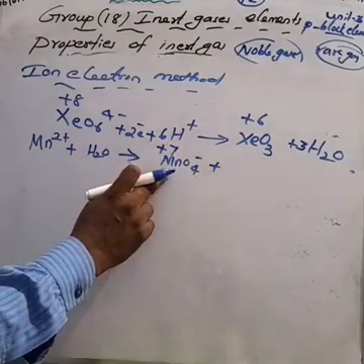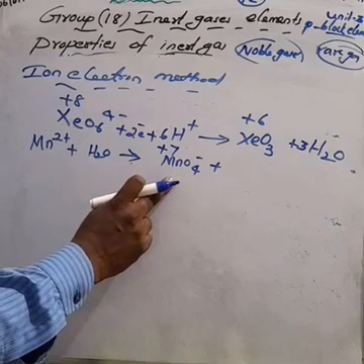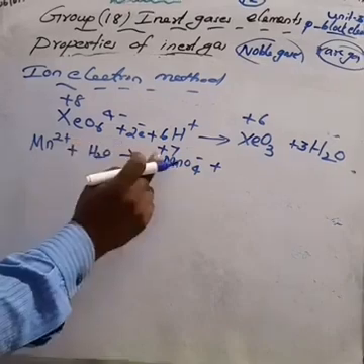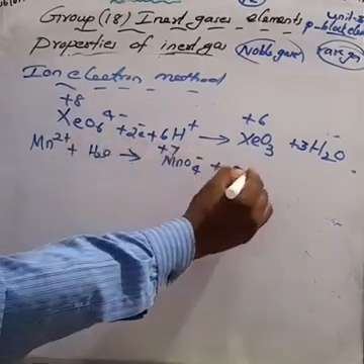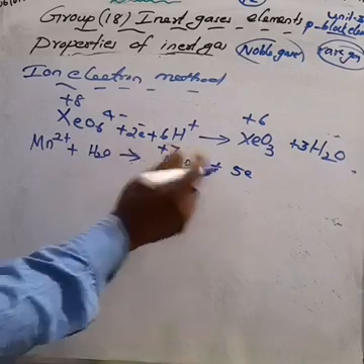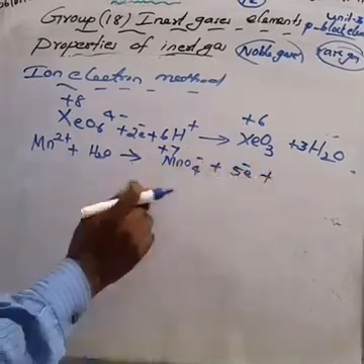Mn changed from +2 to +7. So here also having 5 electron variation, am I right? There is a 5 electron difference. Here the reactant side +2, the product side +7. So I am writing 5 electrons minus.